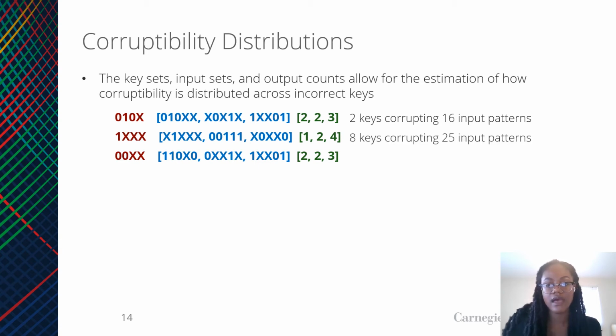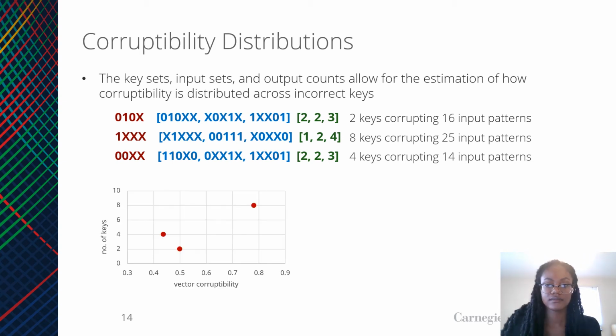Then here you have 8 keys that are corrupting 25 total input patterns. And lastly, there are 4 keys corrupting a total of 14 input patterns. Using this information, we can plot the distribution of the vector corruptibility. The x-axis shows the level of vector corruptibility ranging from 0 to 1, while the y-axis shows the total number of keys with that level of corruptibility.